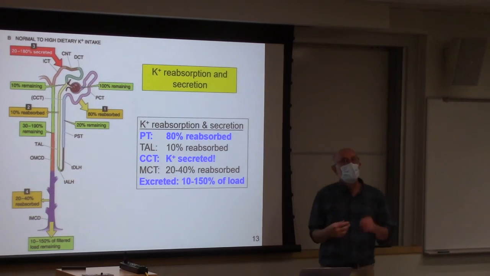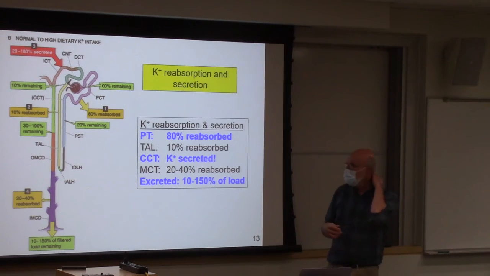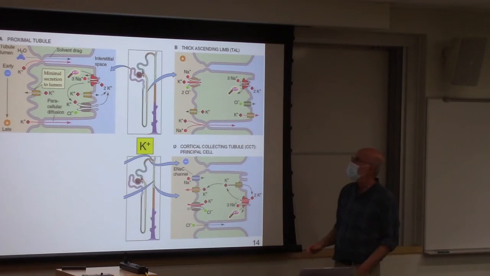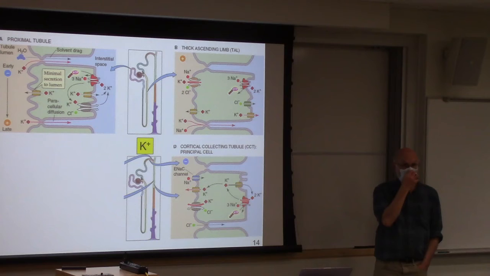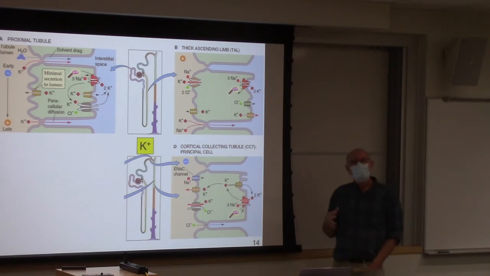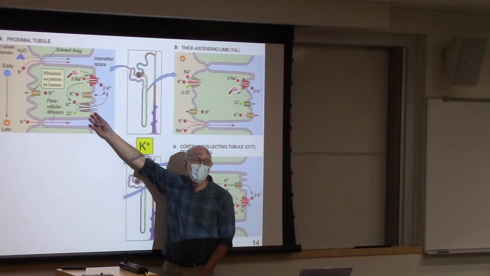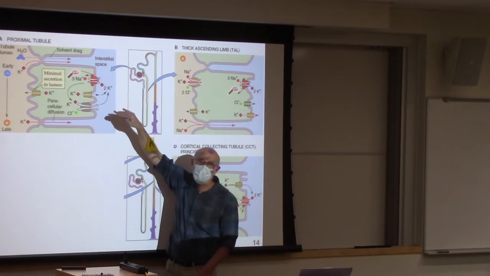So I think that's the key point. I don't think I'm going to ask you to know the mechanism, because it's complicated. But the bottom line is, in the proximal tubule, we reabsorb it. Let's not get into all these squiggly arrows.